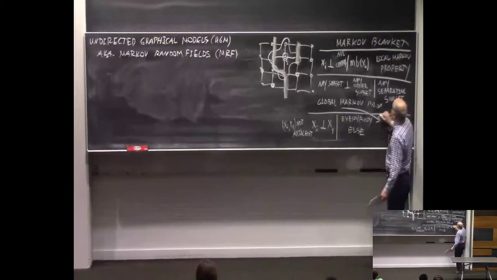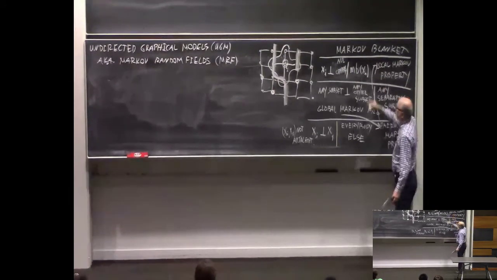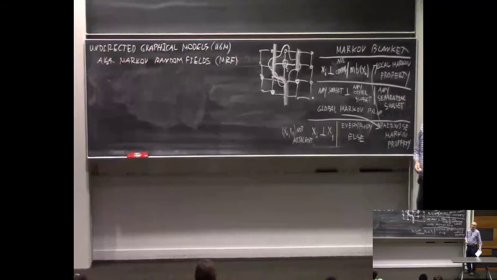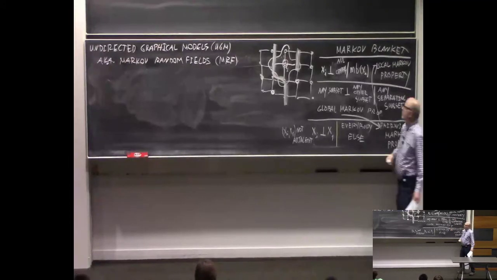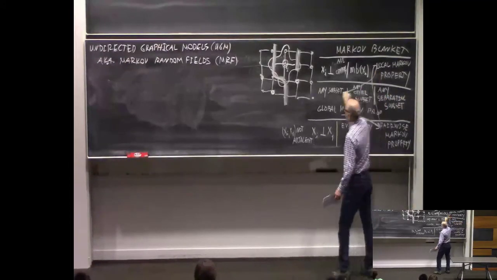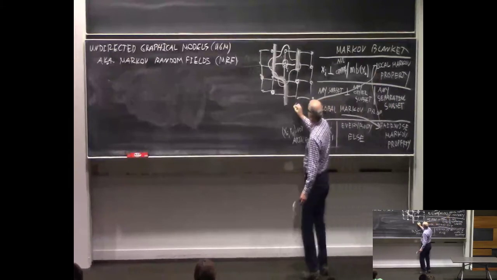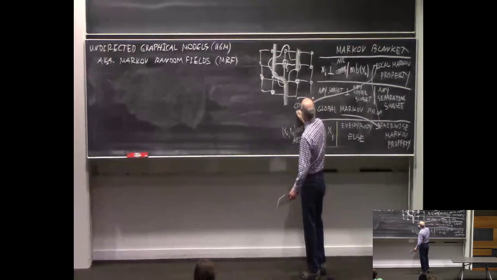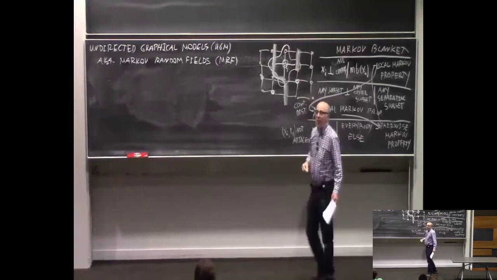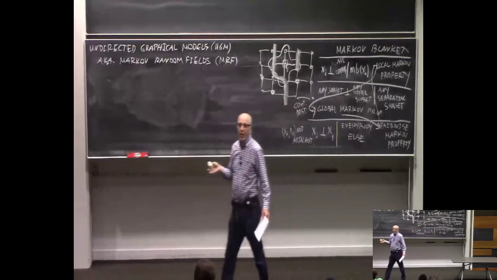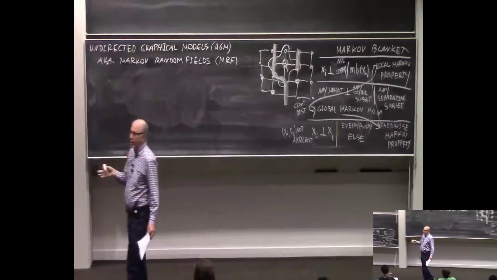And what is a little bit harder to see is that the local property implies the global property, but it's also true for continuous distributions. So the bottom line is whichever one of the three is easier for you to remember or understand is fine.